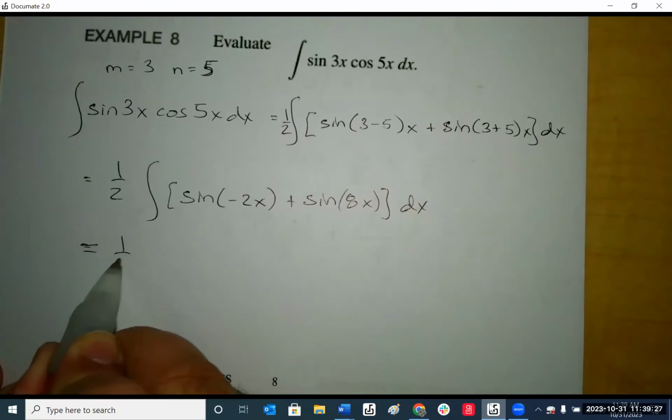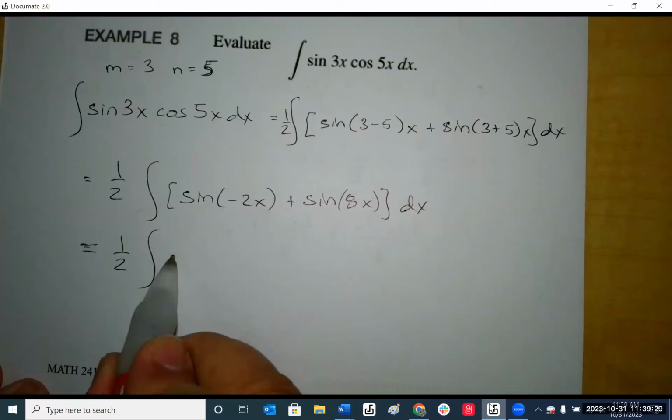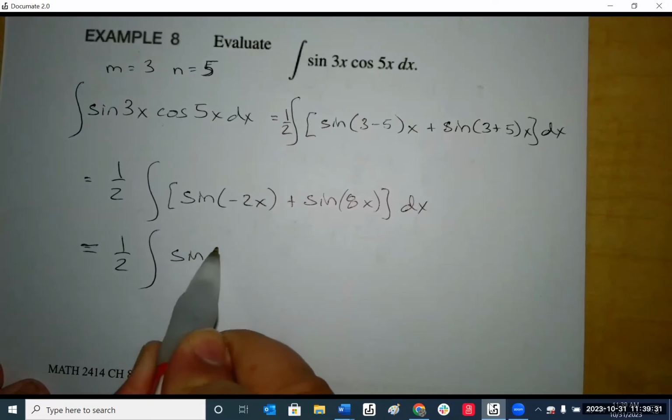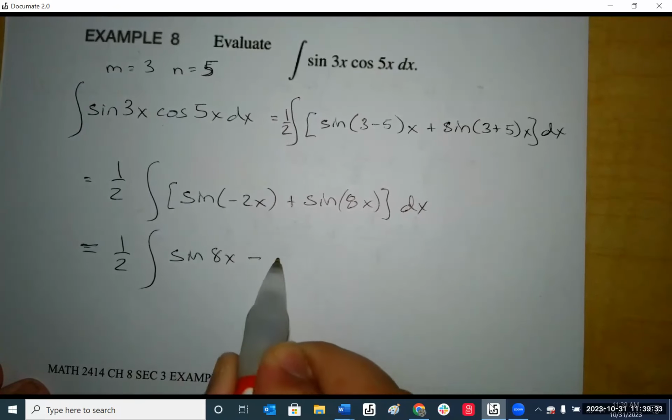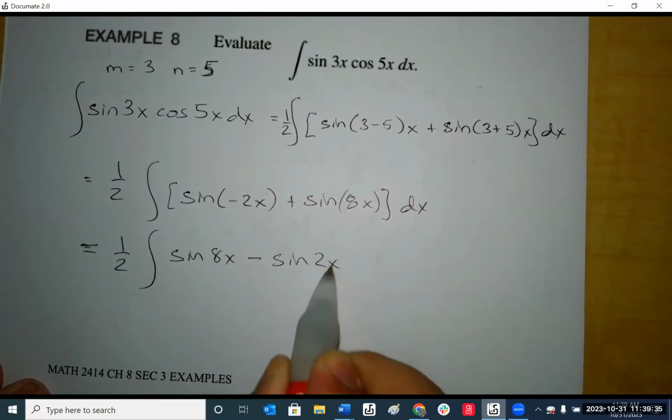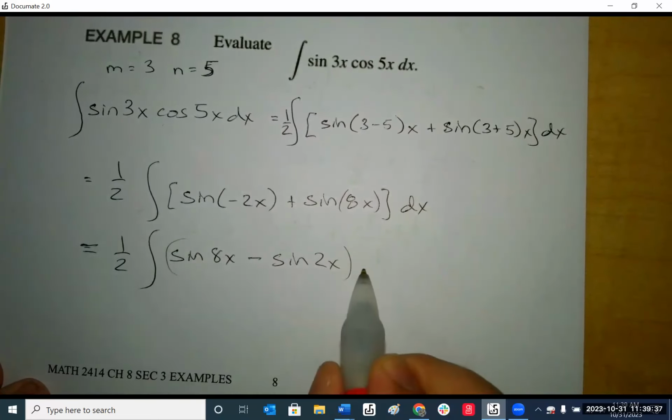Since sine is an odd function, it's going to be sine of 8x minus sine of 2x dx.